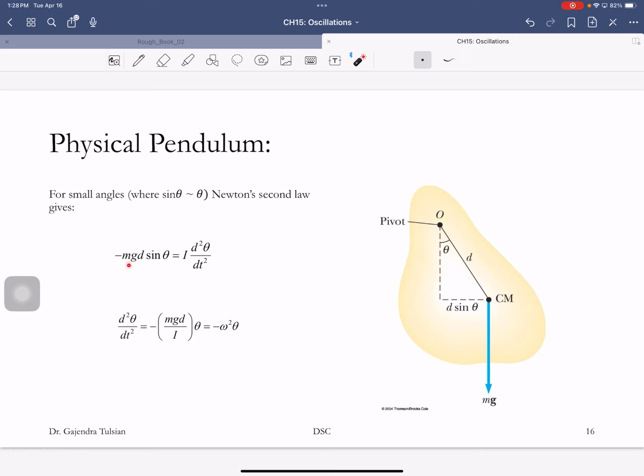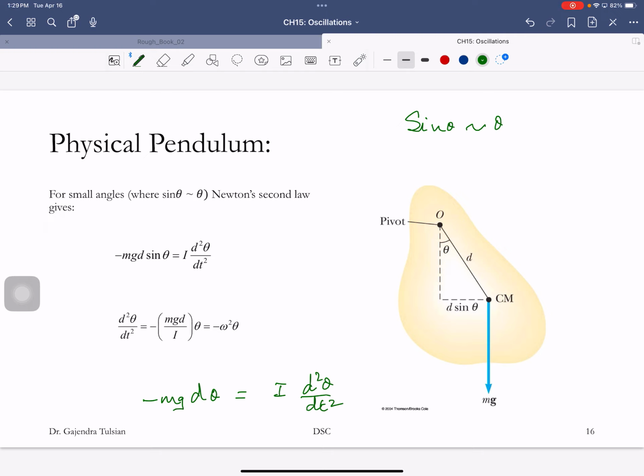Here the restoring torque is equal to I times alpha. Again, for small angles, sine theta is equal to theta. So when you replace that by theta, that becomes minus mgd theta equal to I d squared theta by dt squared.